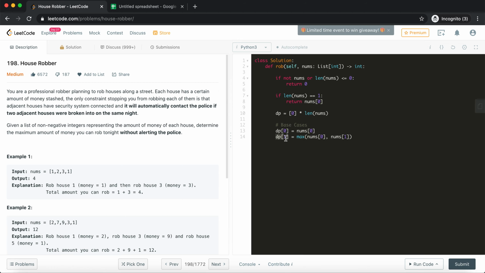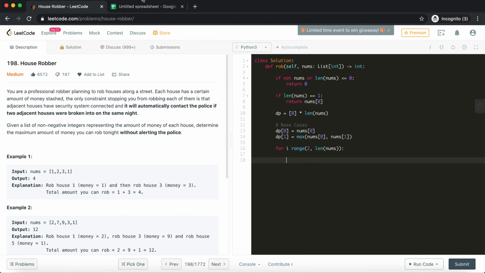Those were the two base cases. Now we need to iterate over all the other houses, starting from the second index till the end of the array.